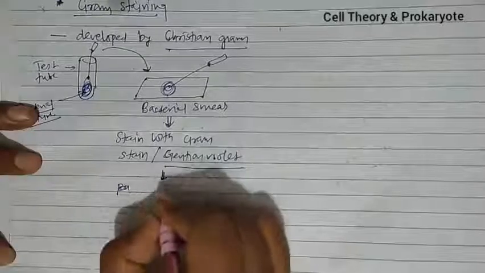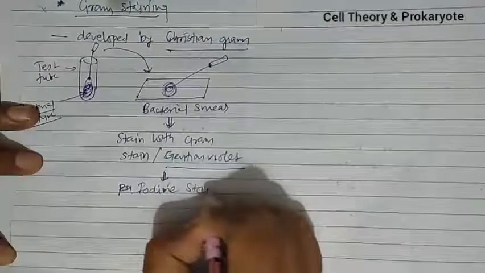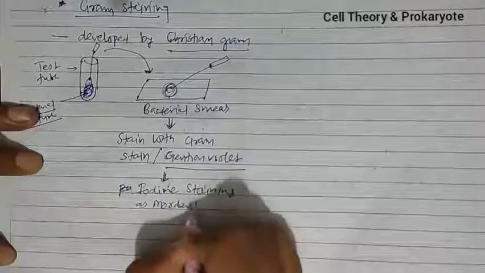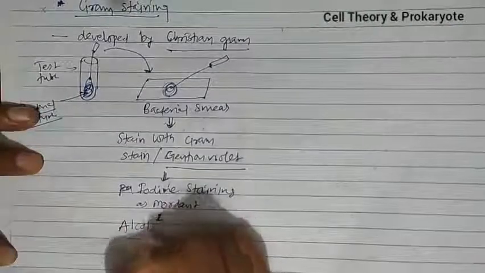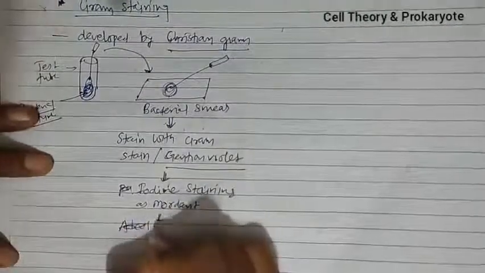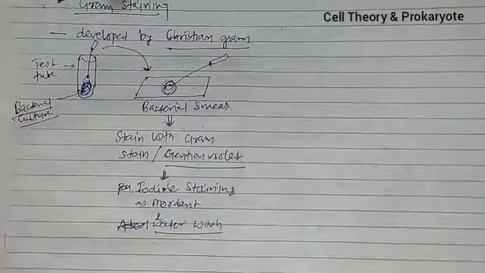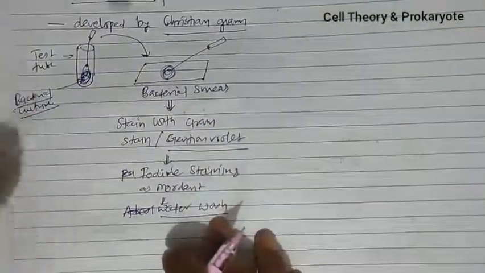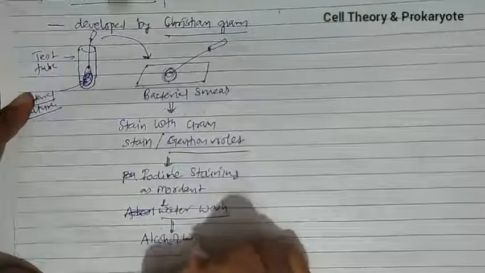After gentian violet staining, iodine acts as a mordant, meaning it fixes the stain. After that we give a water wash, in which the extra stain gets removed. Now the bacteria have a purple color. Then we carry out an alcohol or ethyl alcohol wash.